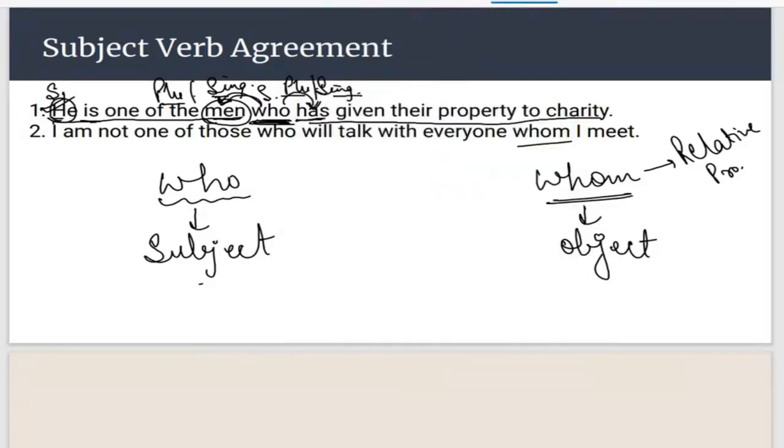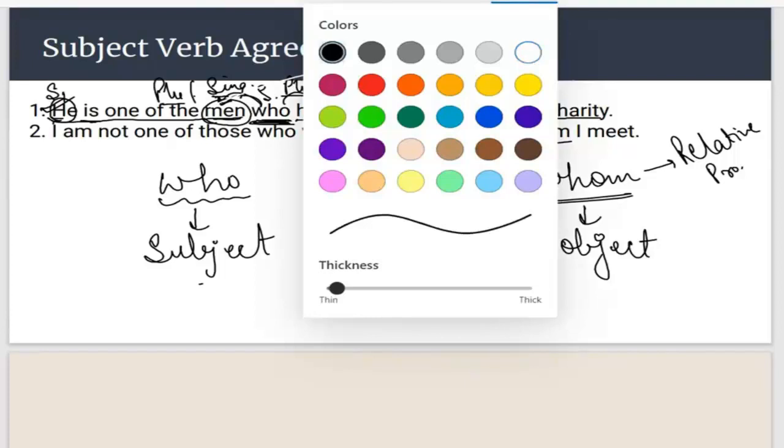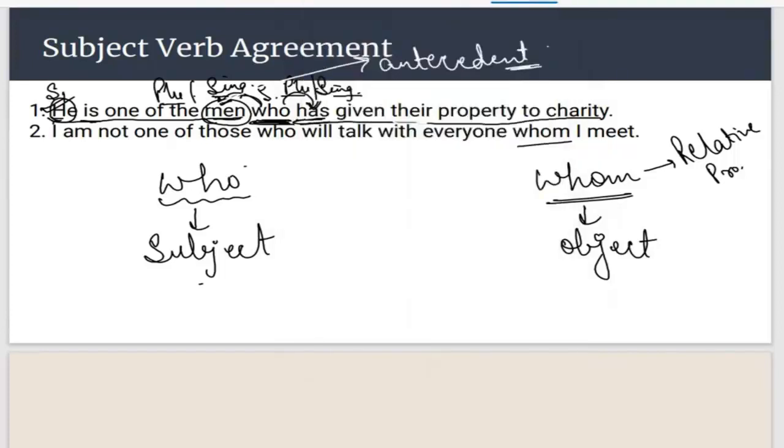Yes. Now one more thing I want to tell: the noun or pronoun used just before who is called the antecedent. The verb or adjective, whatever is coming in the sentence, will agree according to the antecedent.